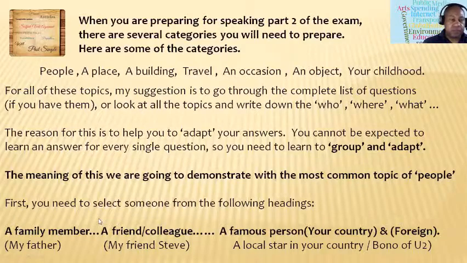First, you're going to be asked about people. So what you need to do is select some people: a family member, a friend or colleague at work, but someone outside your family who you know. A famous person in your country and a foreign country, because often questions talk about a foreign person or a foreign celebrity.